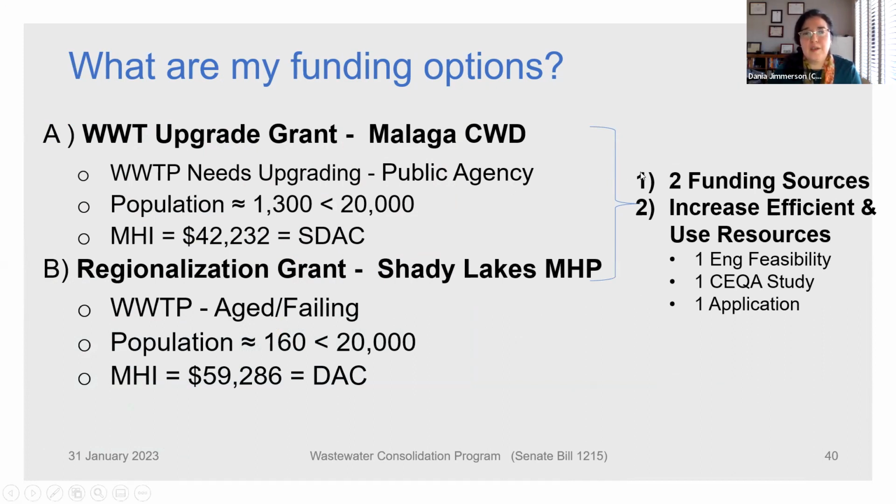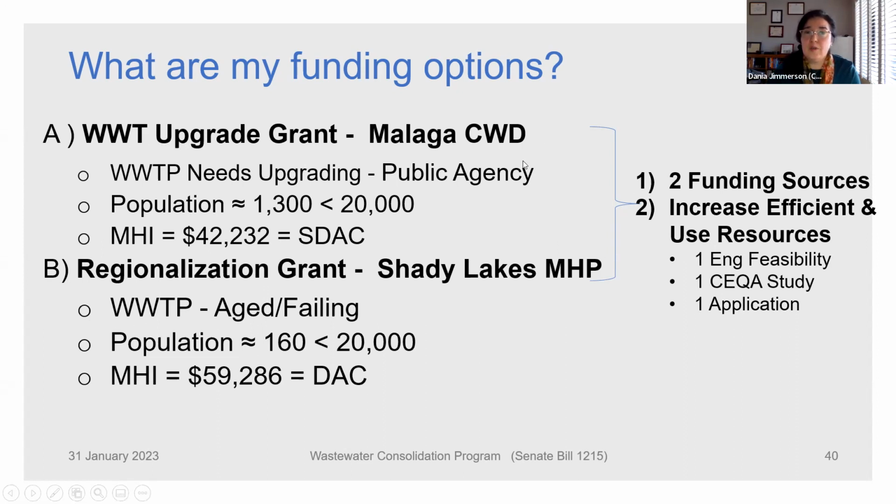So one of the interesting things about this project is that since Malaga County Water District is also providing sewer services to a small, severely disadvantaged community, they could apply for separate grant funding, as capital improvement grant funding for their wastewater treatment facility.